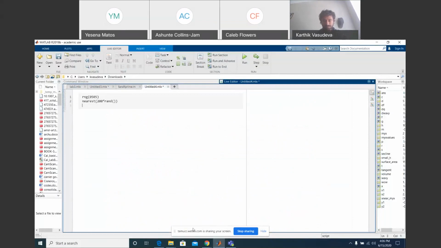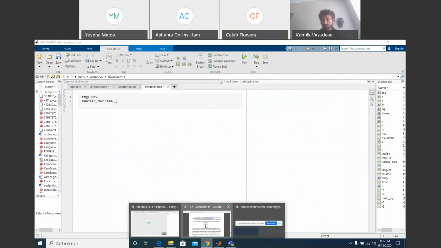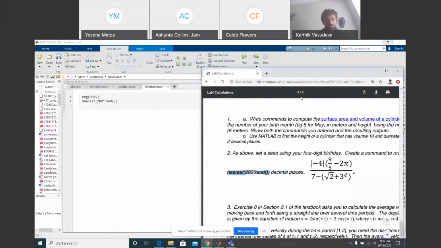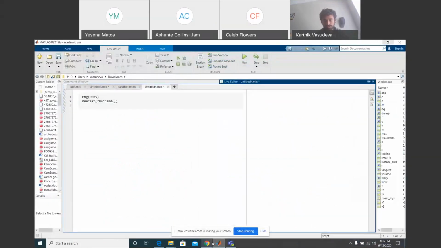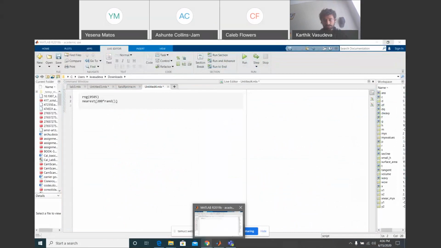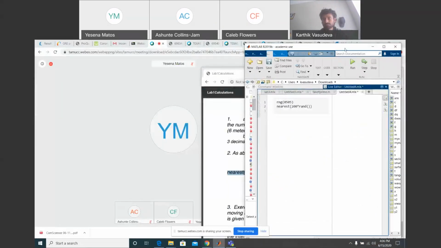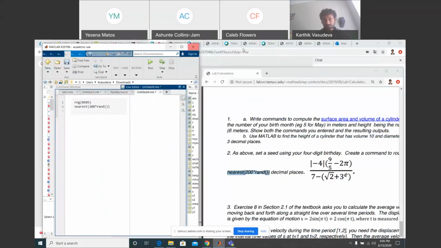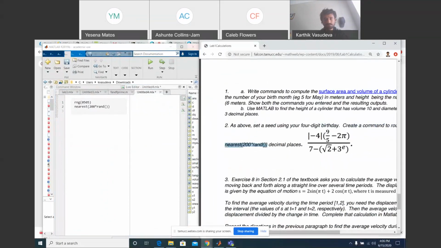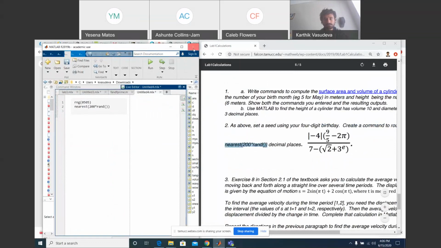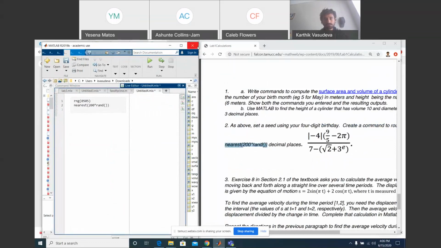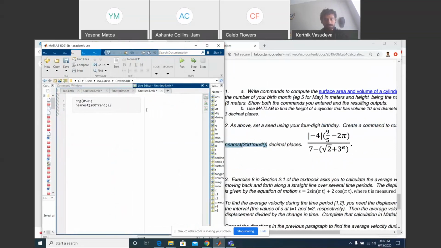Then enter the equation just like it is given. So I'm going to show you how to enter the equation.